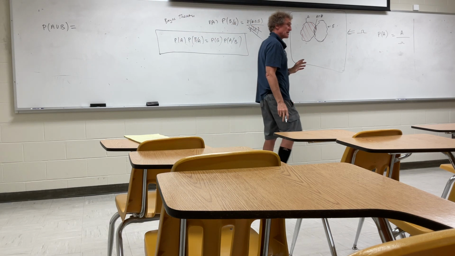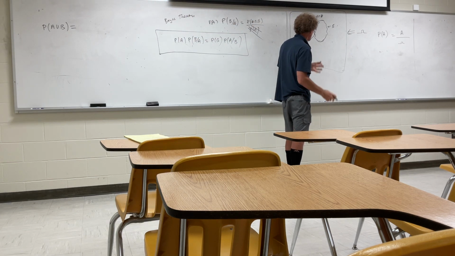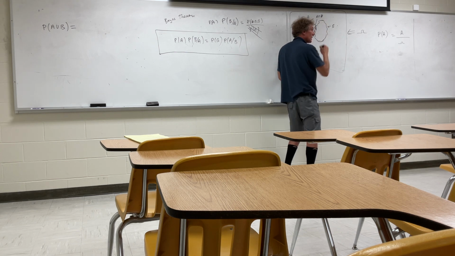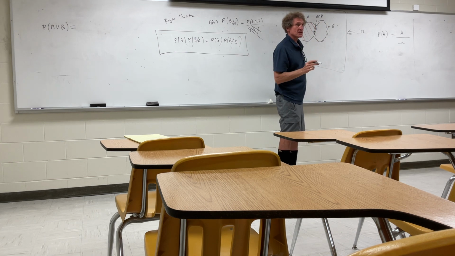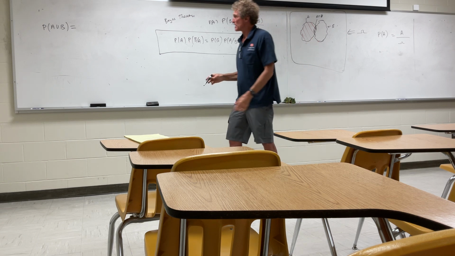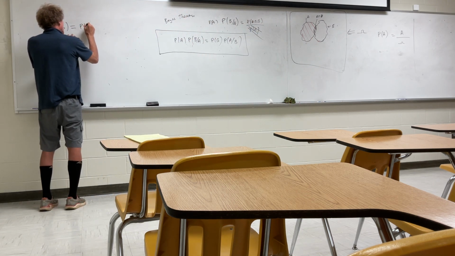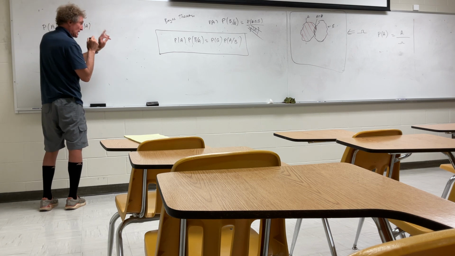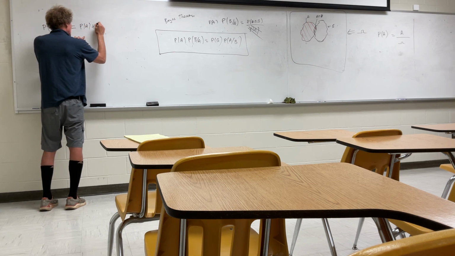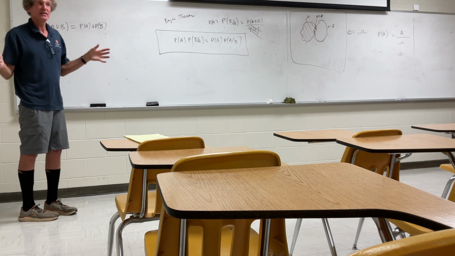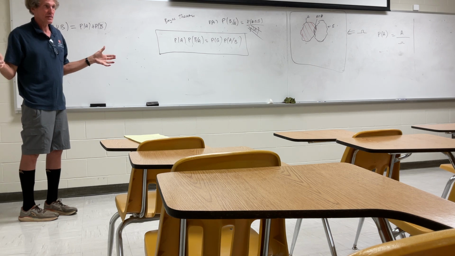What I'm really saying, the probability of A union B, that's this whole area here, right? Now follow me on this one, please. You'll see it. It would be the probability of A and the probability of B. And if the two were disjoint, if they had nothing in common, that would be it, right?